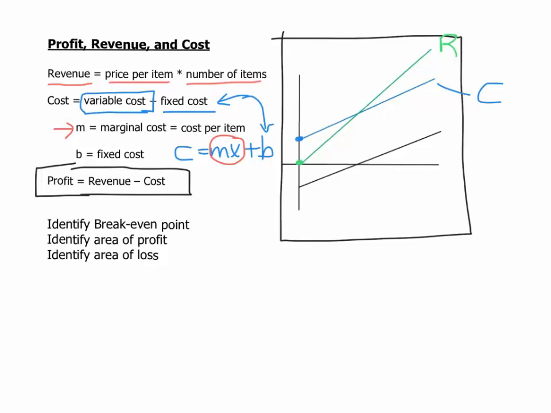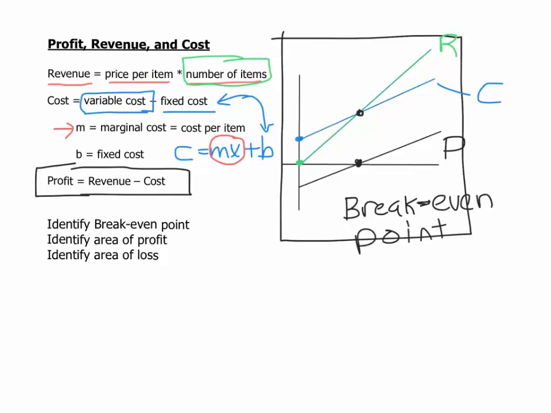When you sell 0 items, your revenue should be 0. That leaves us with the black line being our profit. Now remember that this point right here, this is a special point. This is called the break-even point. And this is where the revenue equals our cost, or when our profit equals 0. So those should line up at the same x value.